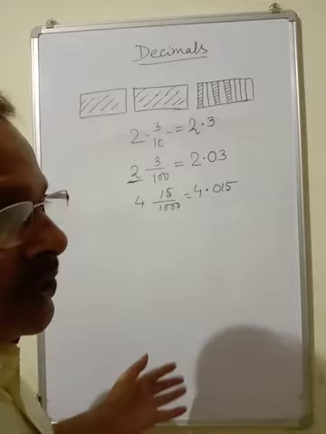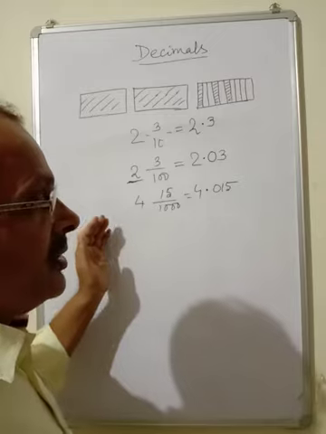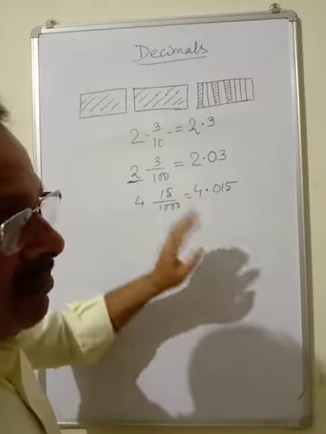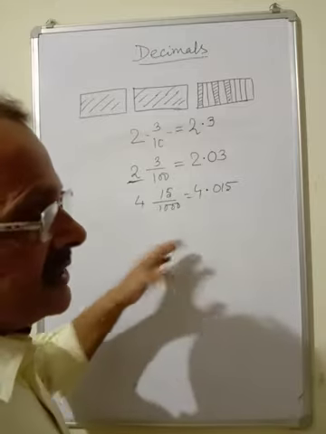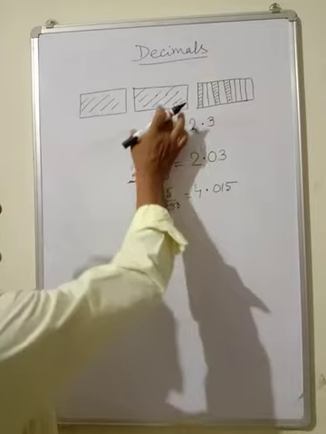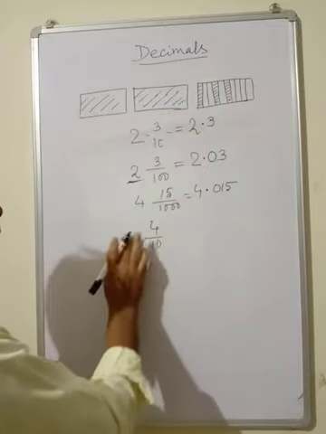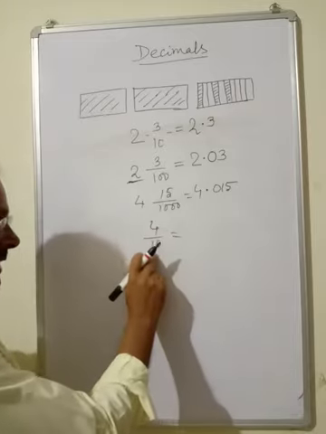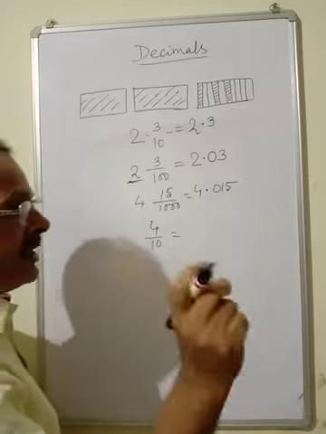Now what will the question be? Different types of questions on decimals are given. Write each decimal as a fraction or mixed number. Write each fraction or mixed number as a decimal. Suppose here is written 4 by 10, no whole number, no problem. This 10 will decide how many digits after the point.